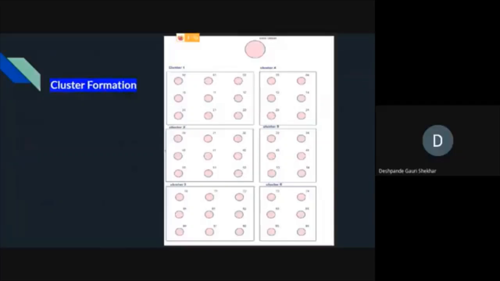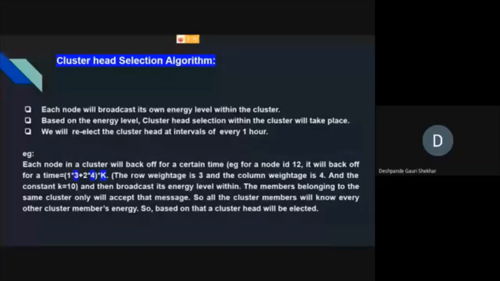For our cluster head selection algorithm, each node will broadcast its own energy level within the cluster. Based on the energy level, whoever has the better energy will be elected as cluster head. To avoid collision due to the broadcast, we are including a backoff mechanism in our WSN.